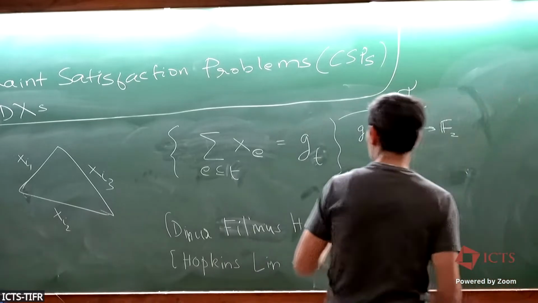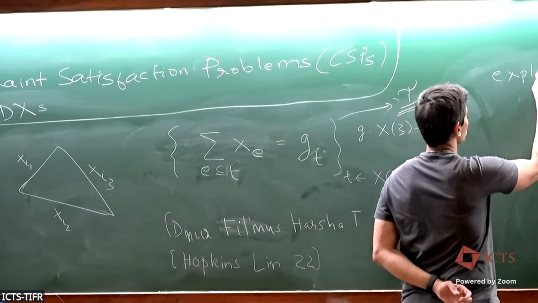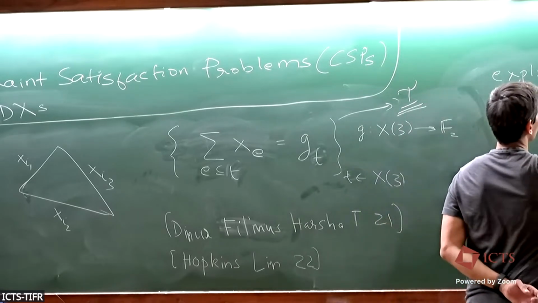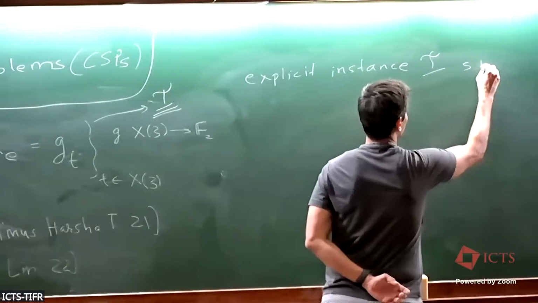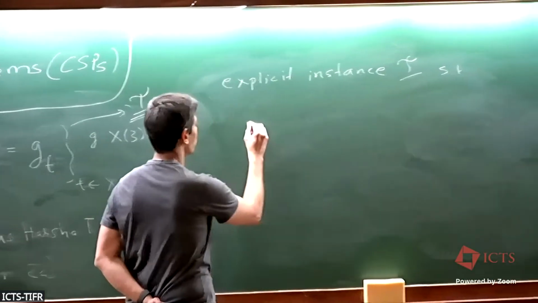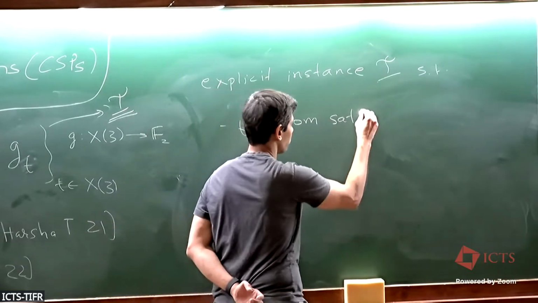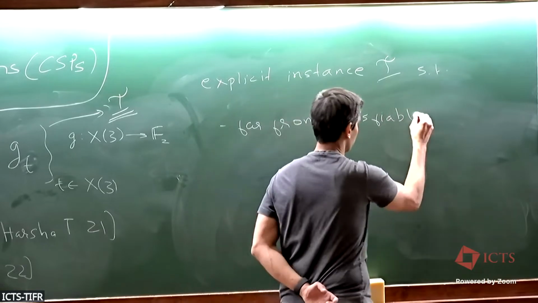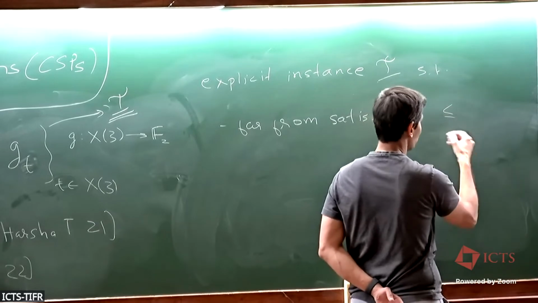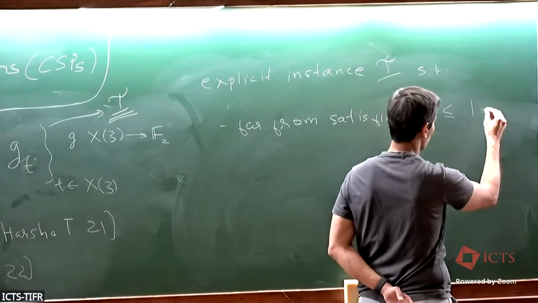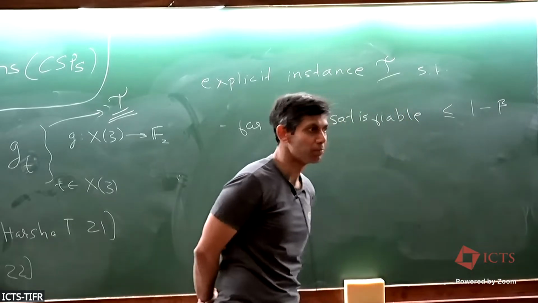What we will show are explicit instances such that they are far from satisfiable. By far from satisfiable, I mean that any actual assignment can satisfy at most a 1 minus beta fraction, for some positive constant beta.